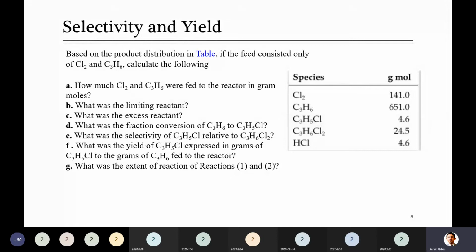We discussed this last time in detail. The other way is to calculate the maximum extent of each reactant, and then sort out which one has the minimum value of maximum extent, and that will be the limiting reactant.